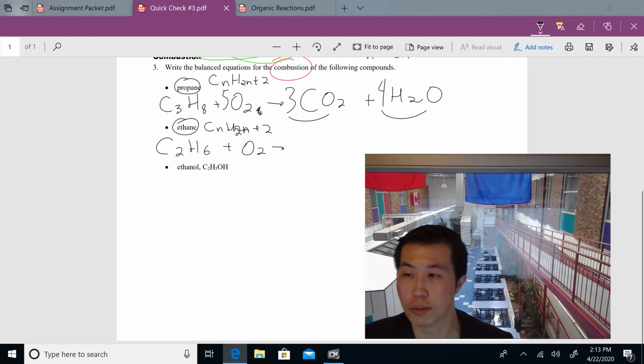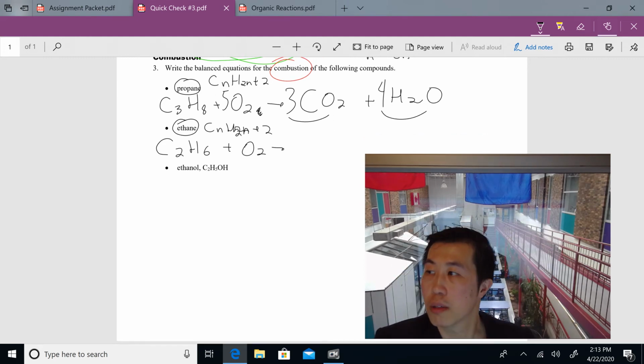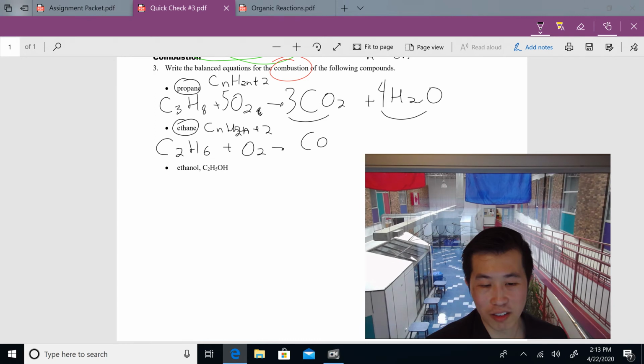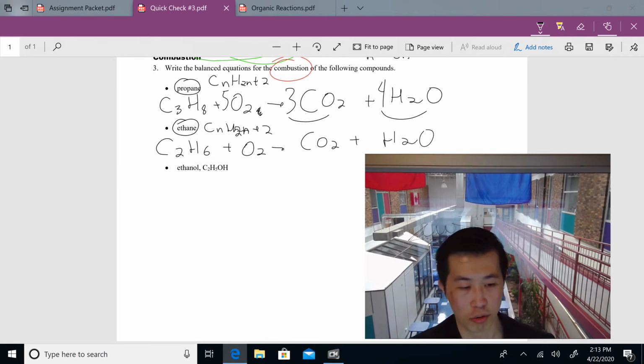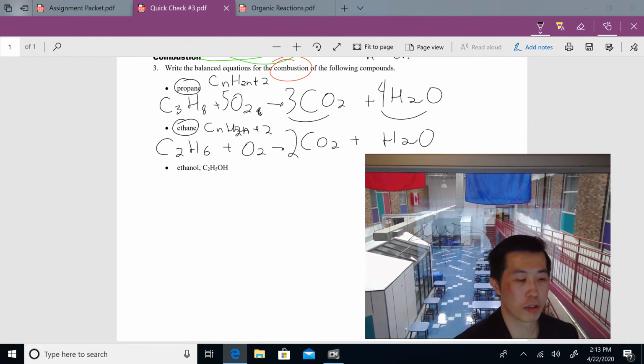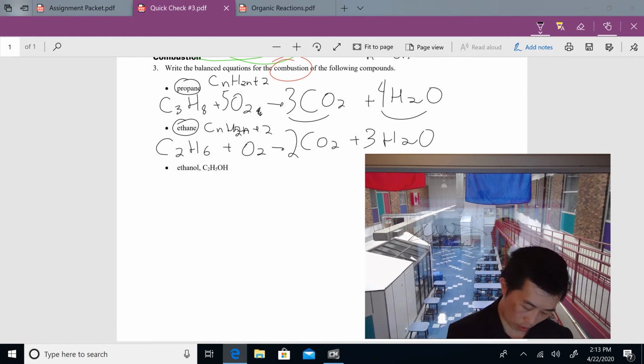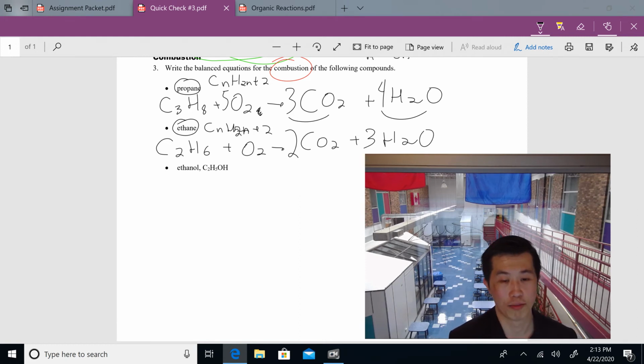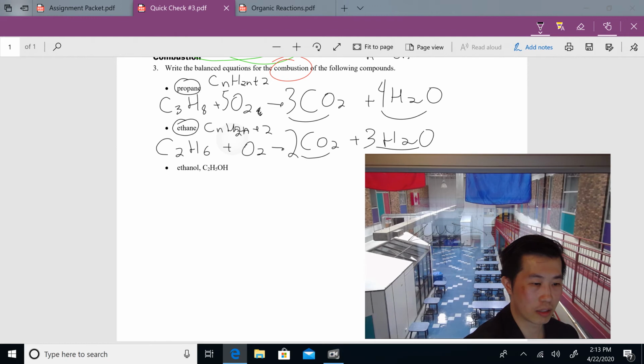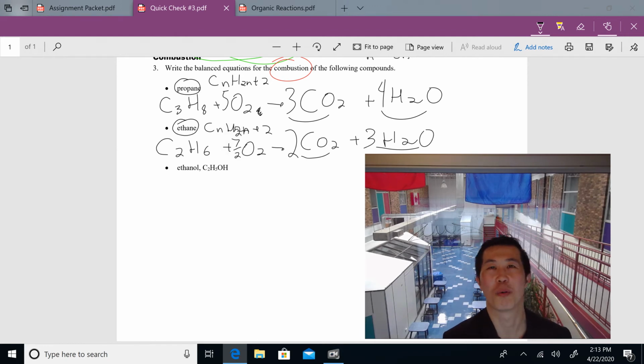And so when that happens, you can see that we're going to get, once again, burning hydrocarbons, so CO2 and H2O. So balance your carbons there, balance your hydrogens there. Notice you are going to get an odd number of oxygens. You have 4 there plus another 3, so that's going to make 7. And 7 is not a multiple of 2, so we can just go odd number over 2, just like what we did in Hess's law back in the old days.